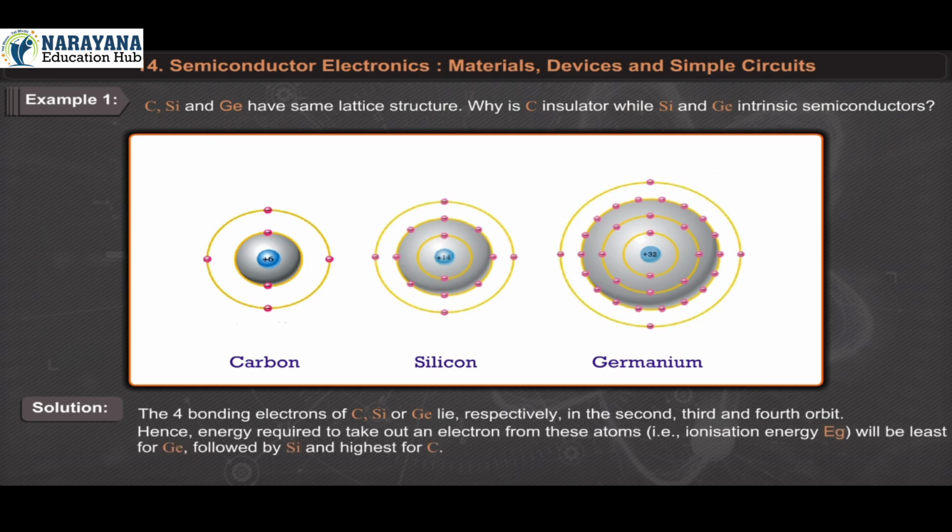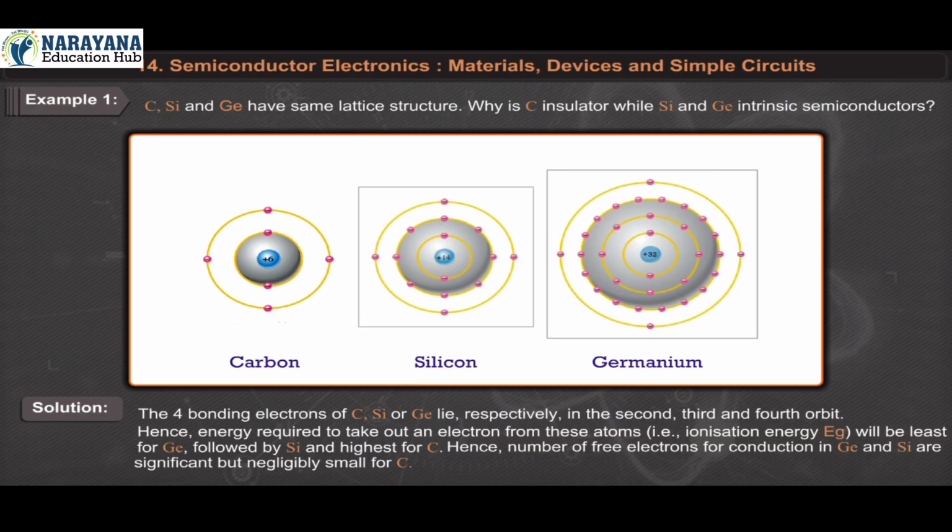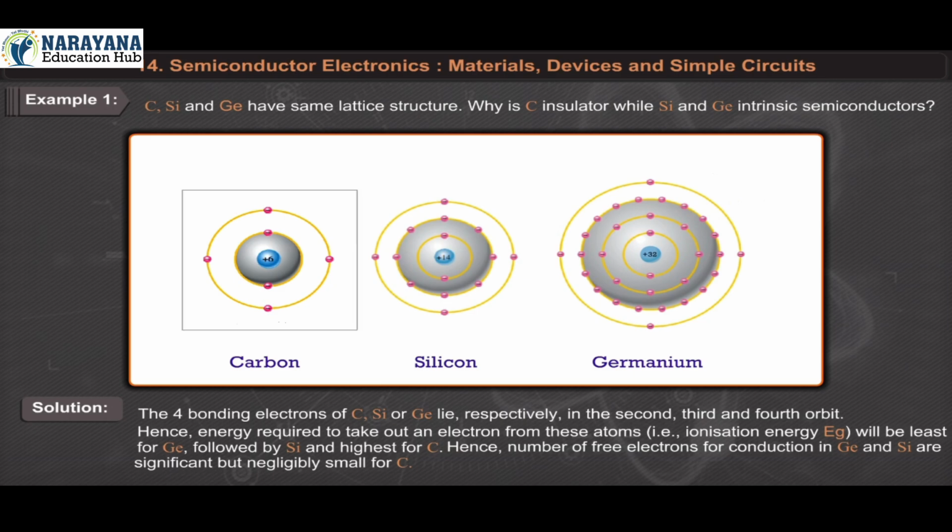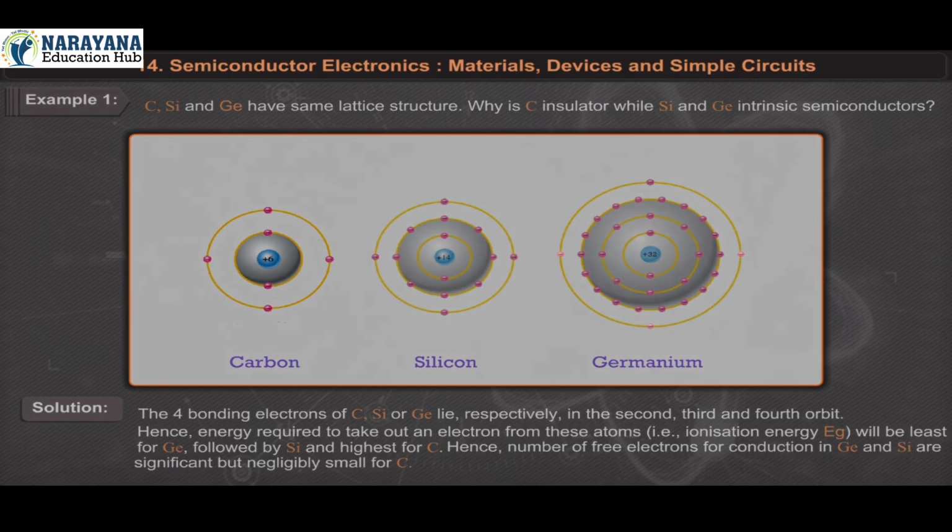Hence, the energy required to take out an electron from these atoms, that is, the ionization energy Eg, will be least for germanium, followed by silicon and highest for carbon. Hence, the number of free electrons for conduction in germanium and silicon is significant but negligibly small for carbon.